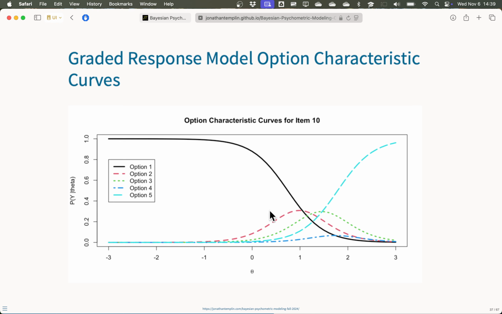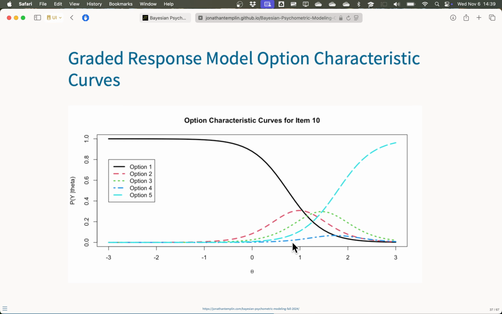But the way that we interpret this is the way we interpreted the same plot for the binomial. Here we can see that option 1, which in our case was strongly disagree, is most likely going to be chosen by everybody with a theta below a little over 1 standard deviation from the mean. And then in the range from a little over 1 standard deviation to about 1.5 standard deviations, you see option 2 being a little bit preferred, and option 3 being the highest probability.